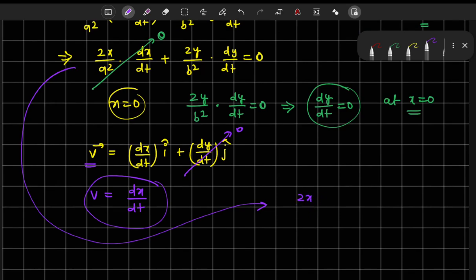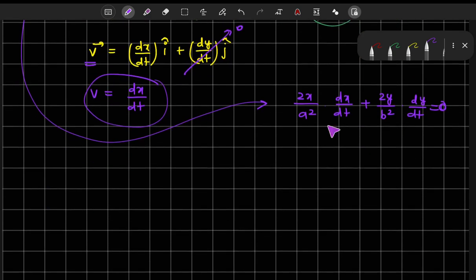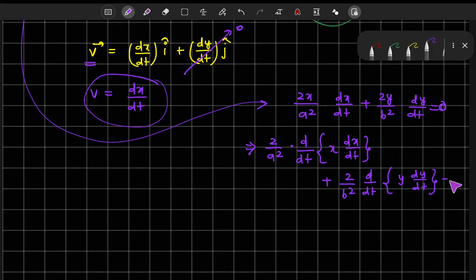So we get 2x/a² into dx/dt plus 2y/b² into dy/dt equal to 0.